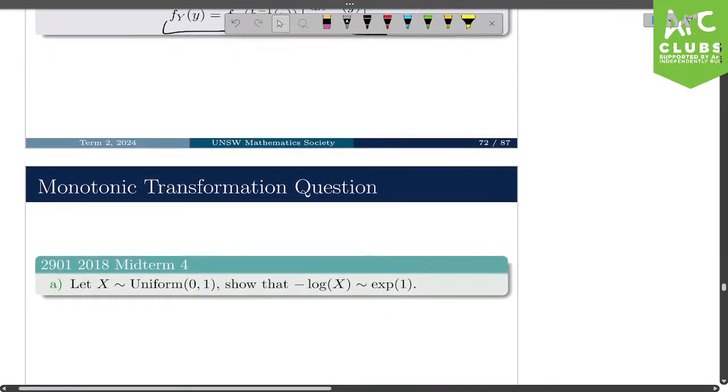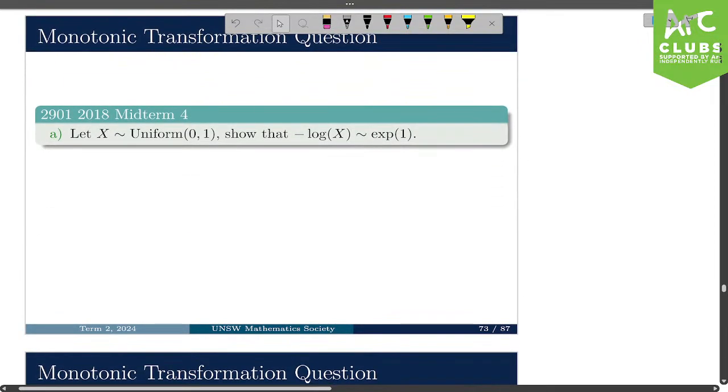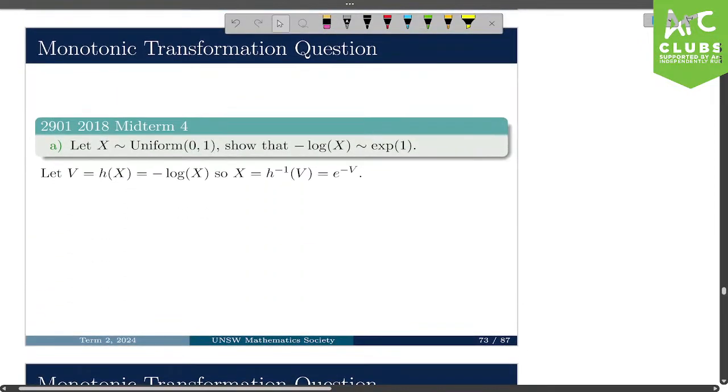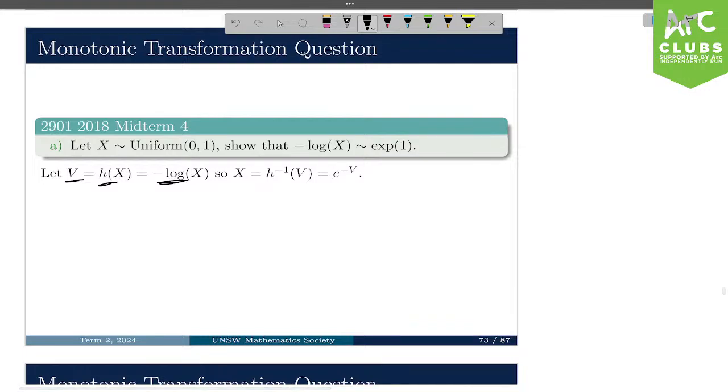Anyways, I digress. We apply that: let a variable v equal h of x, my function. That function is defined as minus log of x. Minus log of x is always decreasing, because it's negative and it goes like that. Yeah. Always decreasing.